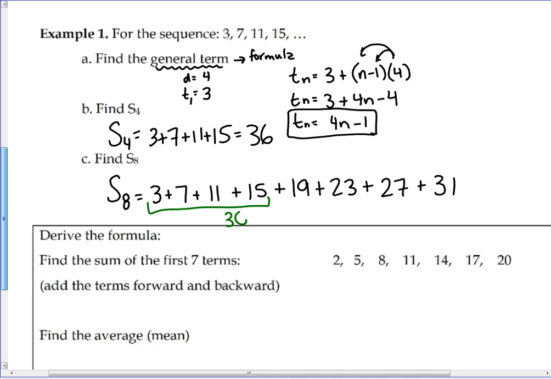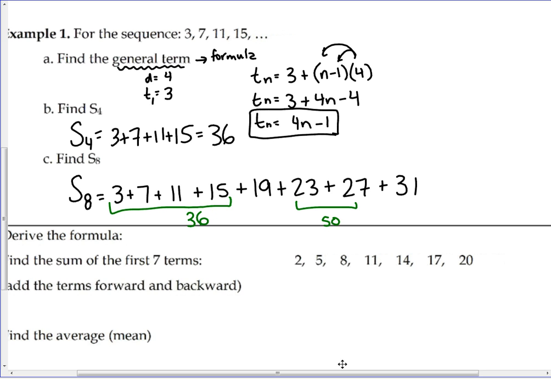Is 36? Yes, great. Okay, so now we have some fun. This here is 50. Did you just add it up in your calculator? That works too. Or I could also add those together. Those are 50. So I get 136.